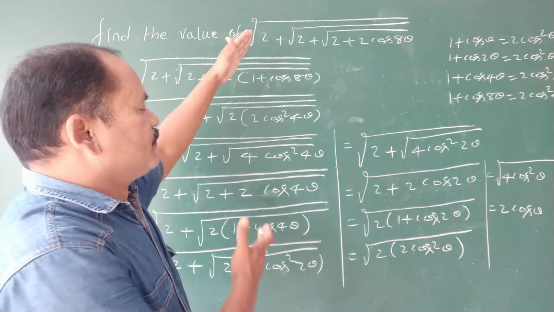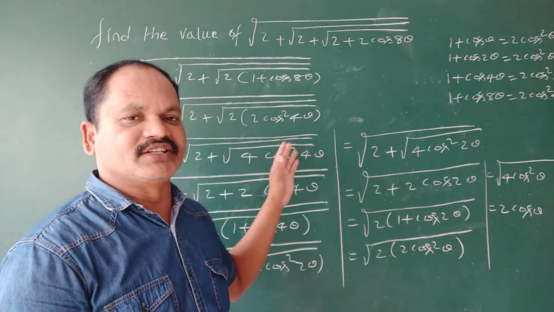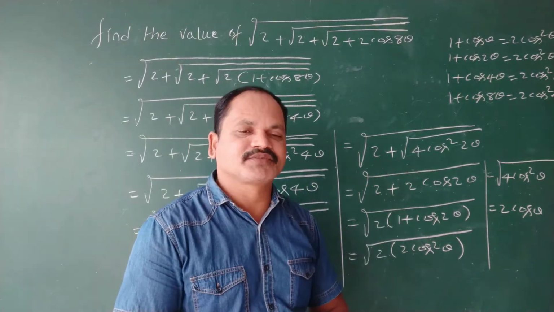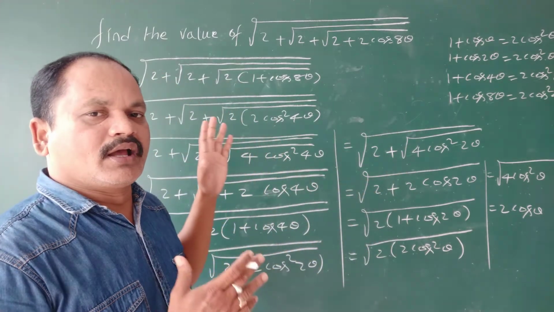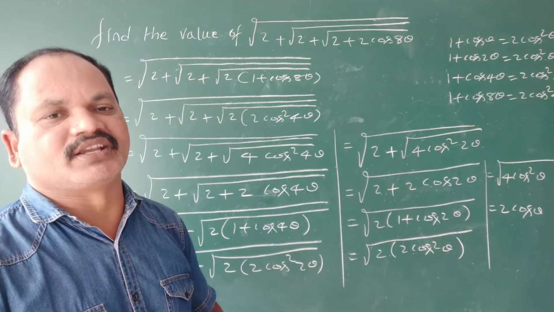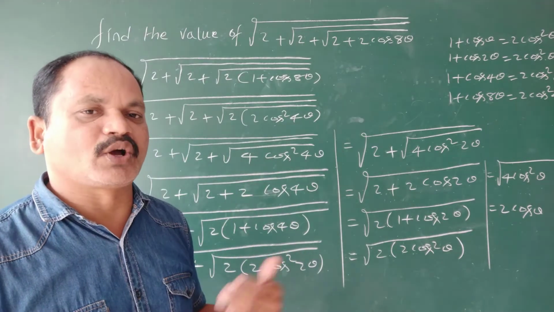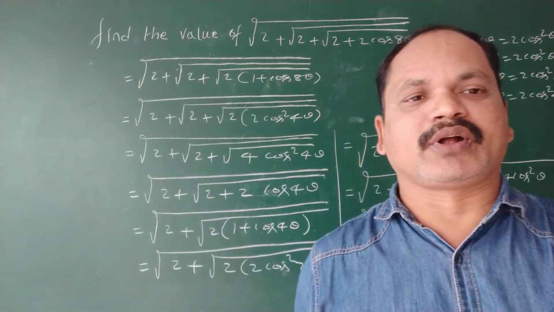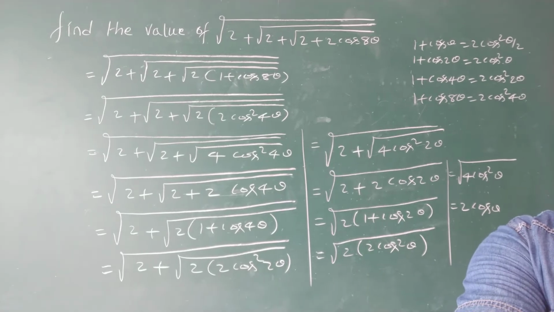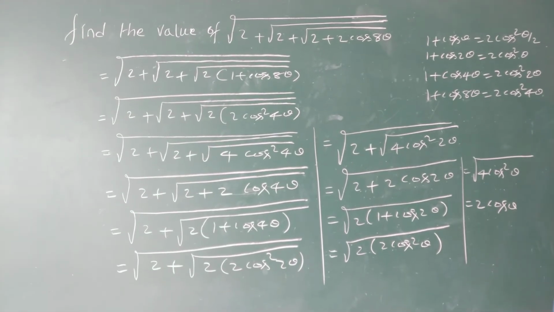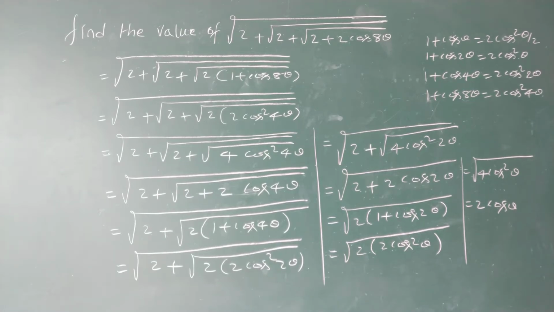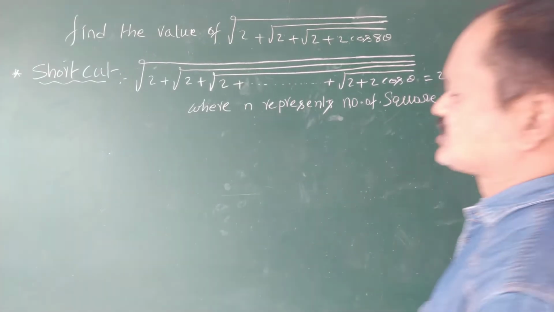So this process is a lengthy process. Actually this is the process with the help of these multiple and submultiple angles forms. But a shortcut process is there. According to the shortcut process, it is very easy. Now we have to identify the shortcut process. Now observe the shortcut.